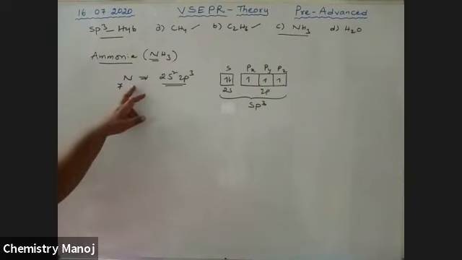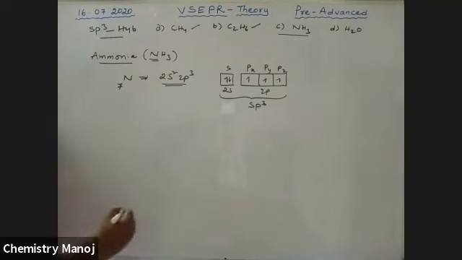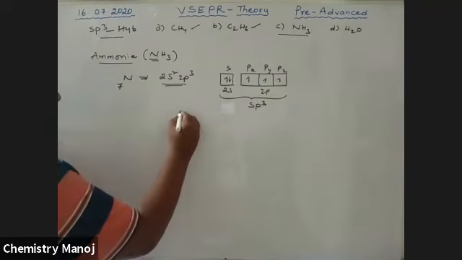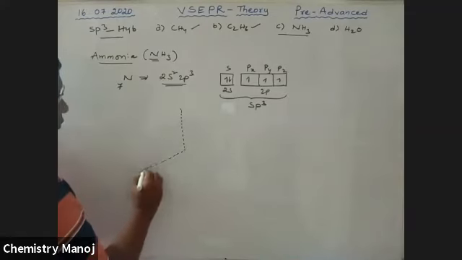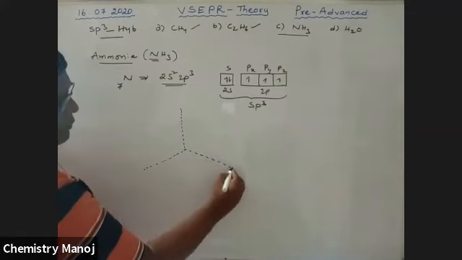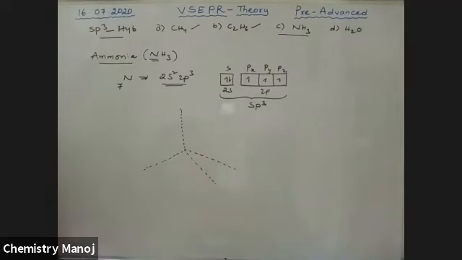So nitrogen is involved in sp3 hybridization and produces 4 sp3 hybrid orbitals in tetrahedral shape. See here, this is the tetrahedral shape, boys.